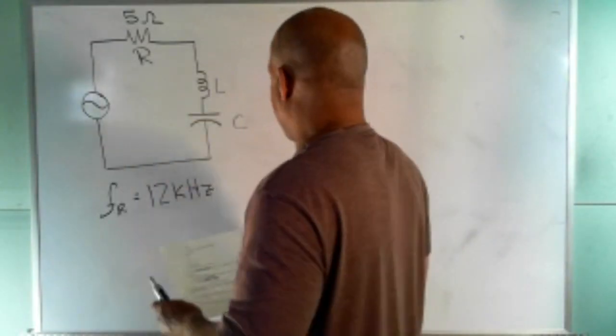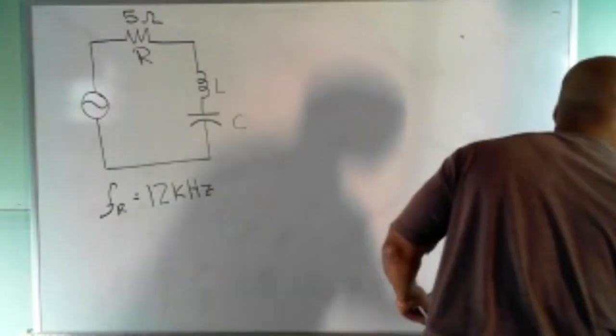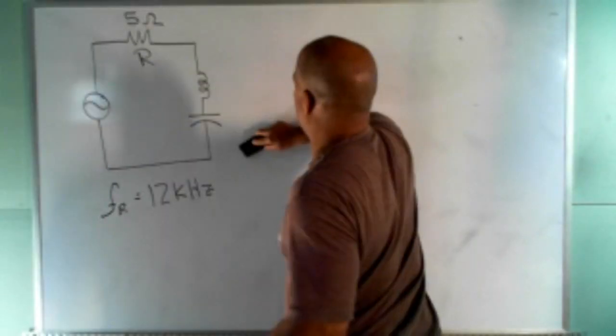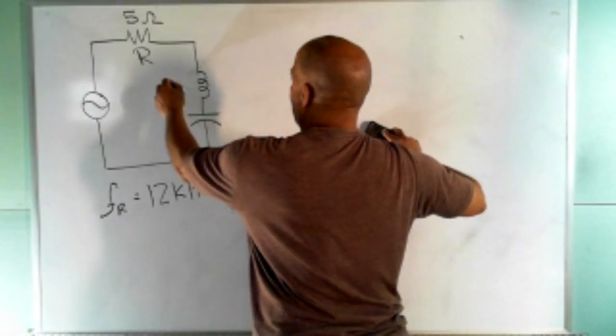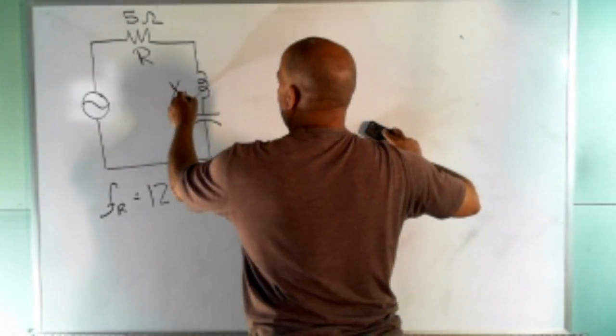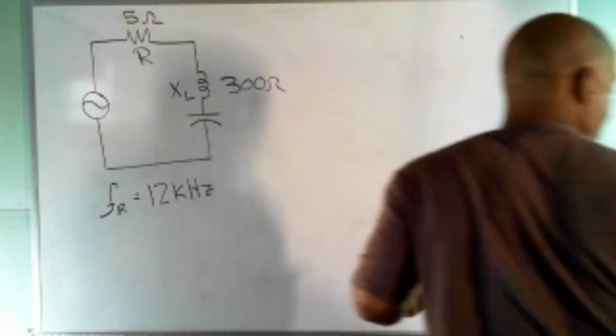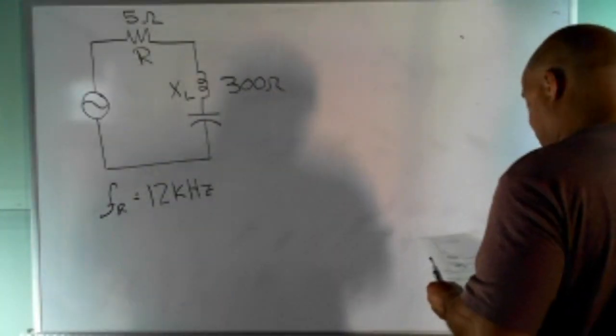And they say XL is 300. Given that, we want to find the bandwidth.